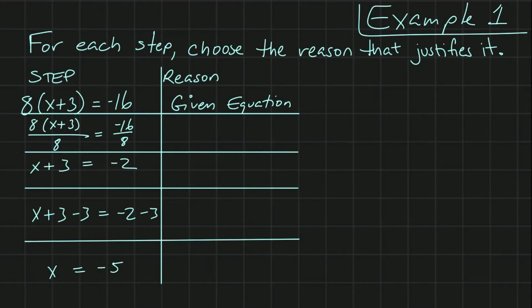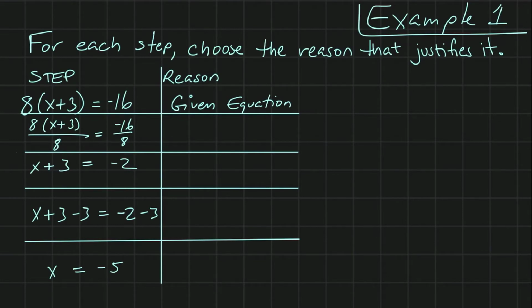That's given to us, so we don't have to do anything with that. In the next step, it says 8 times (x + 3) divided by 8 is equal to negative 16 divided by 8. What we're doing on each step is trying to peel back the layers to get to the x, the variable.